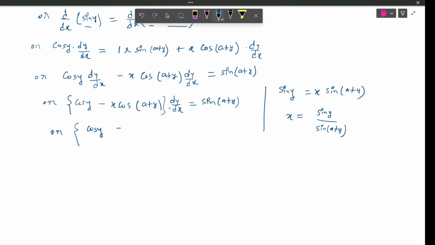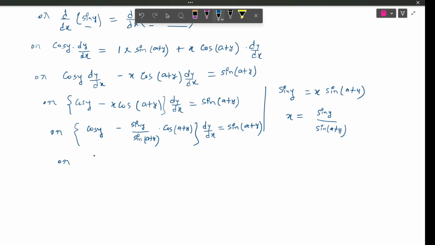Okay, so we can put this thing here, sin of y by sin of a plus y into cos of a plus y into dy by dx equals to sin of a plus y.